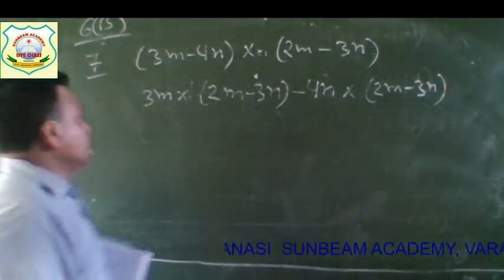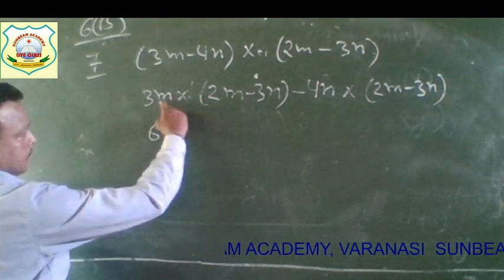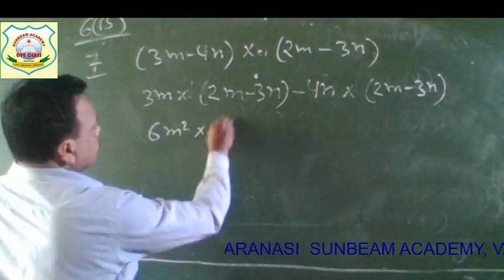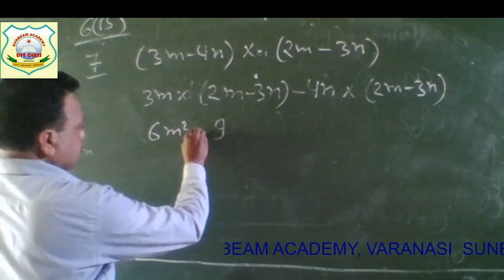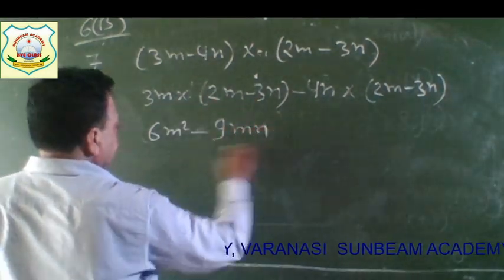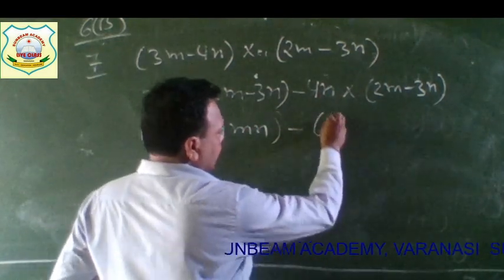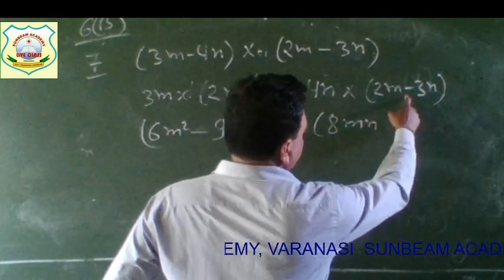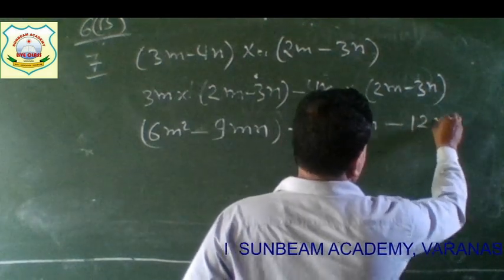Clear, students? So 3 2s are 6 and m into m, so m square will come. Multiply 3 3s are 9, and here it should be minus 3 3s are 9, and m into n, that is mn, minus 4 into 2 is 8mn, then minus 4 3s are 12n square.